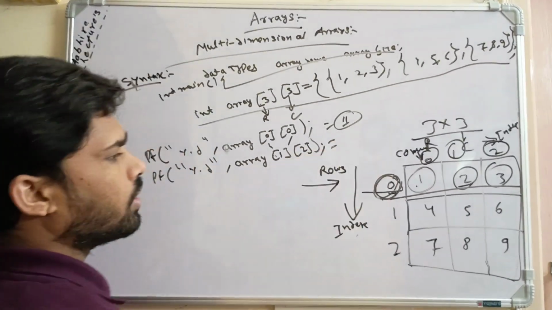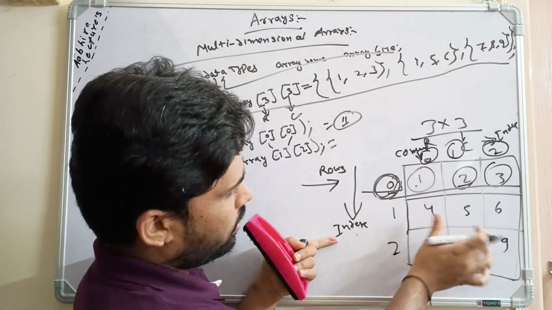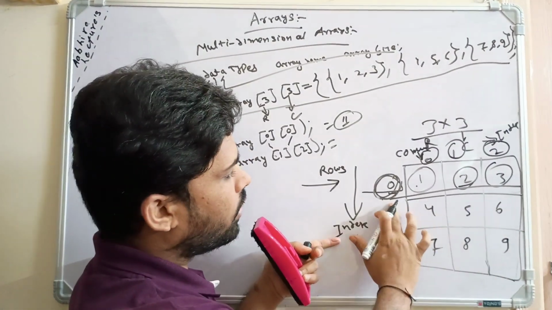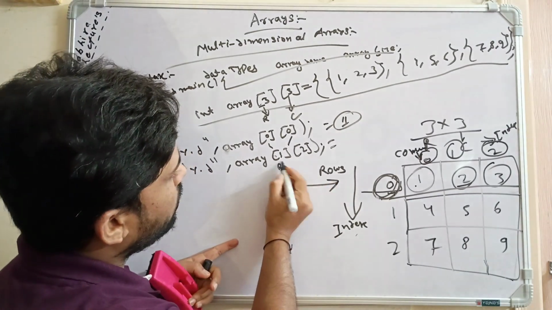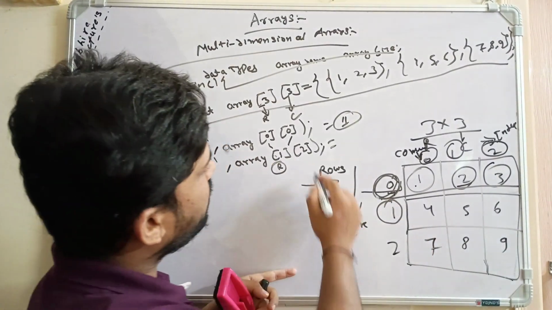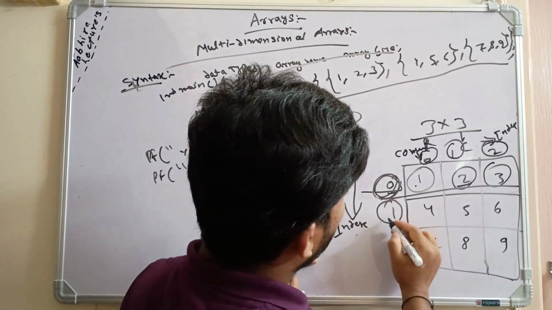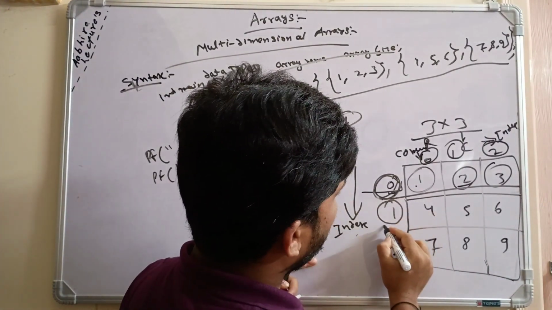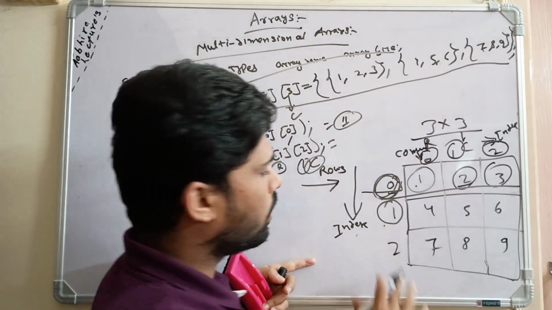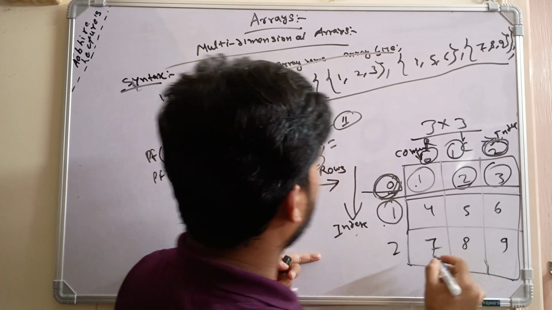What is the output? Think. Think here. Otherwise you can relate from this table. Okay, the first index is the row. What is the row index? This one, 1. Correct. What is the column? 2. Correct. So in the second row, index 1, then in the column, index is 2, right?